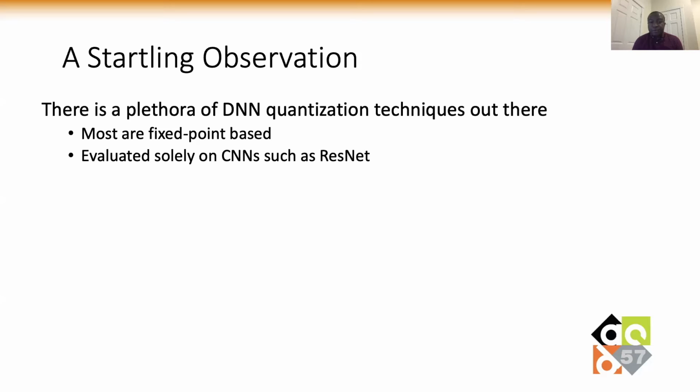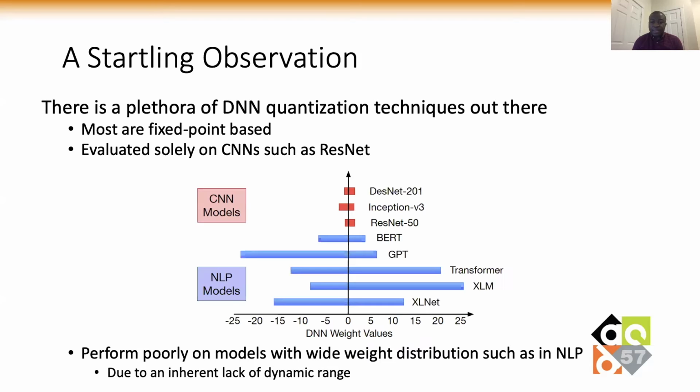Furthermore, these fixed point techniques are frequently evaluated on CNNs such as ResNet. However, emerging models such as natural language processing exhibit wide parameter distribution that cannot be faithfully represented by common fixed point or integer data types, because of their inherent lack of dynamic range.